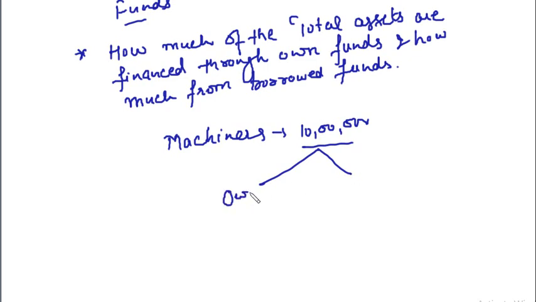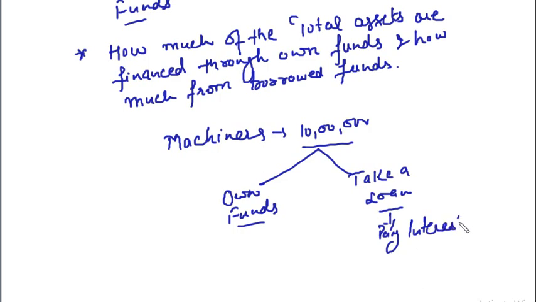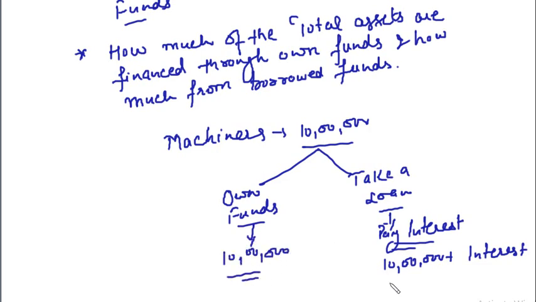Either you will buy this from your own funds or you will take a loan or borrow money. Which is the cheaper option, own funds or a loan? If you take a loan of 10 lakhs, you will pay interest on that. So the net cost of the machinery will be 10 lakhs plus interest. And if you have used your own funds, the net cost is 10 lakhs only. So which is the better option? Own funds, isn't it?